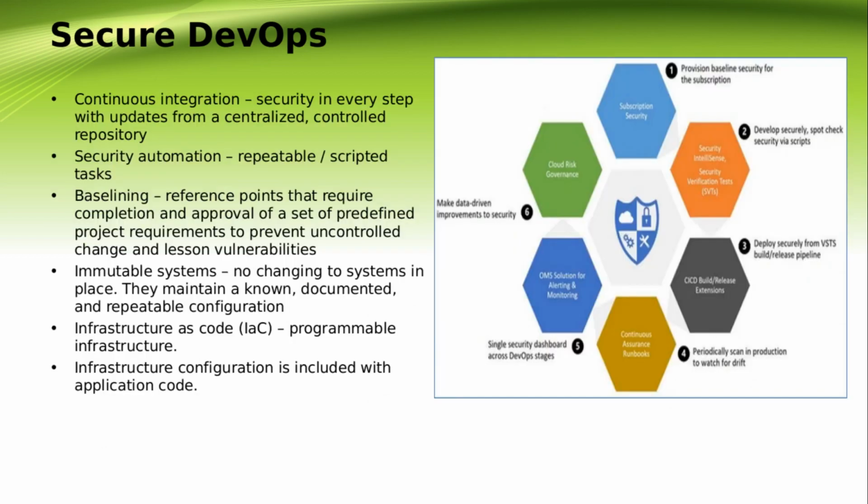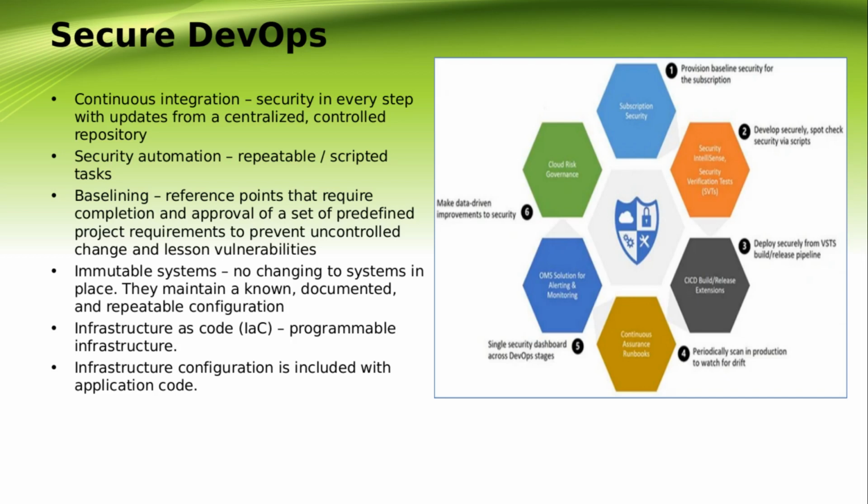These are continuations here. As I said, continuous integration means secure in every step, with updates from a centralized and controlled repository. Secure automation is a repeatable scripted task. A baseline is a reference point that requires compliance and approval of a set of predefined project requirements to prevent uncontrolled change and lessen vulnerabilities.